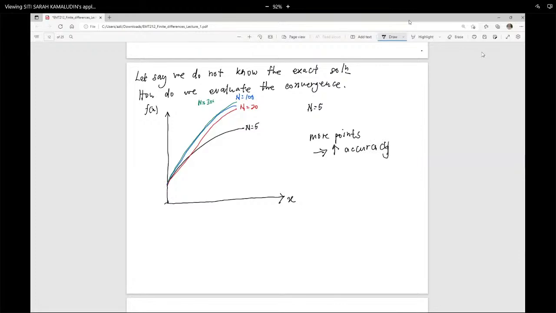But bear in mind, with more points and higher accuracy, you will increase your computational time. Therefore, in practical usage, we will find the most suitable number of divisions.